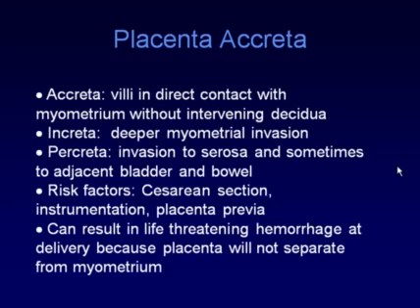Increta is a deeper myometrial invasion, and percreta is invasion to the serosa and occasionally to the bladder and bowel. The major risk factor nowadays is prior cesarean section, but obviously instrumentation can also predispose to this. It can result in life-threatening hemorrhage at delivery or even before, because the placenta will not separate from the myometrium.